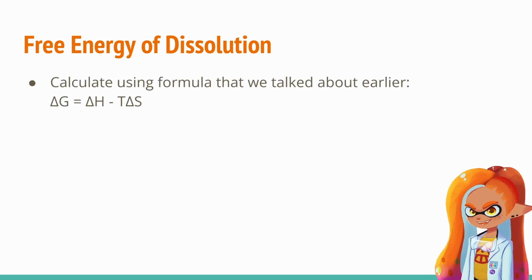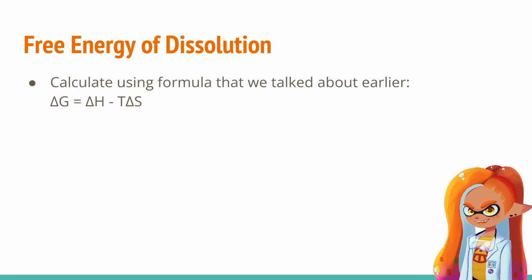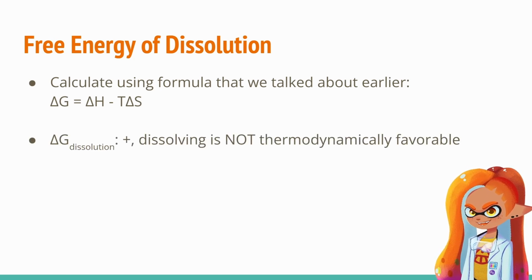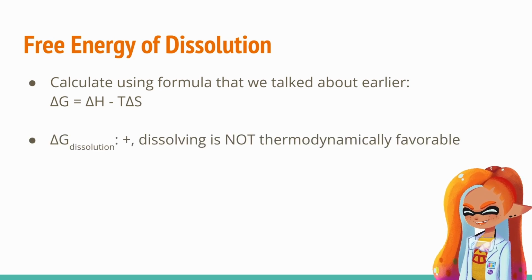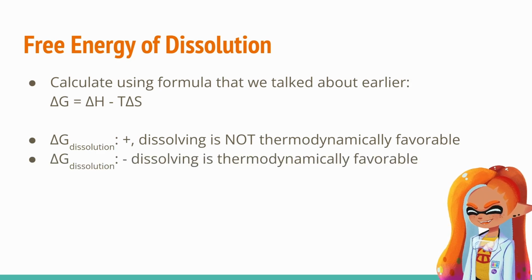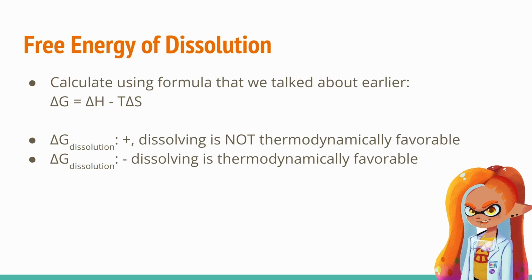So we've talked about this formula before. And so now you need to think about the formula and who's involved. So overall, the delta G, if it's positive, dissolving is not thermodynamically favored. But if it's negative, then it is thermodynamically favorable.